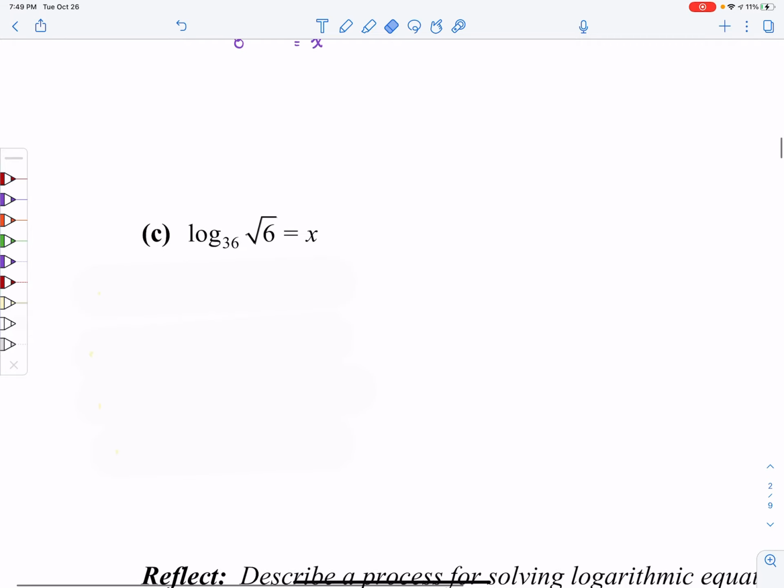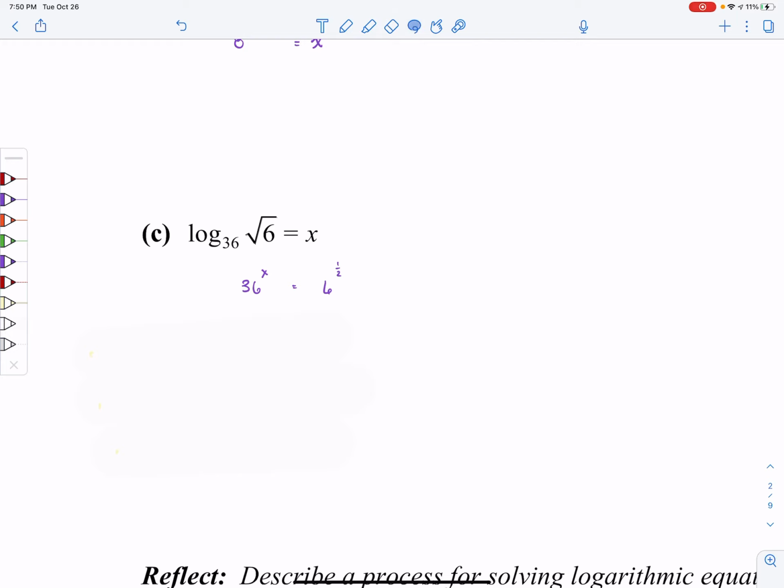All right, let's look at part C. So once again, let's go ahead and turn it into an exponential. So we have 36 raised to the x power is equal to the square root of 6. Since the power is unknown, we'll try to get bases alike like we did back in section 4.2.